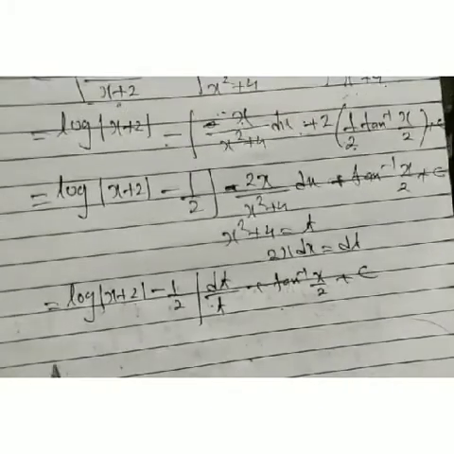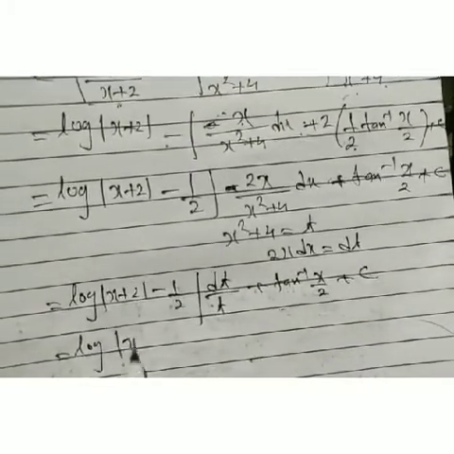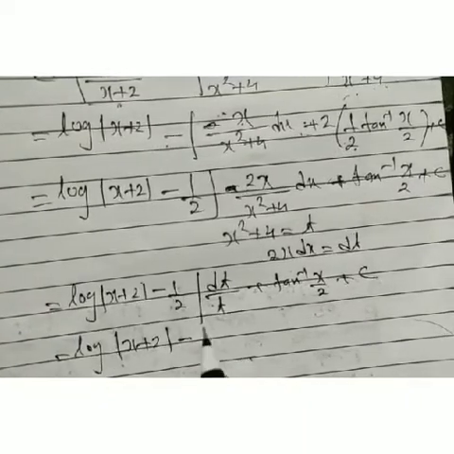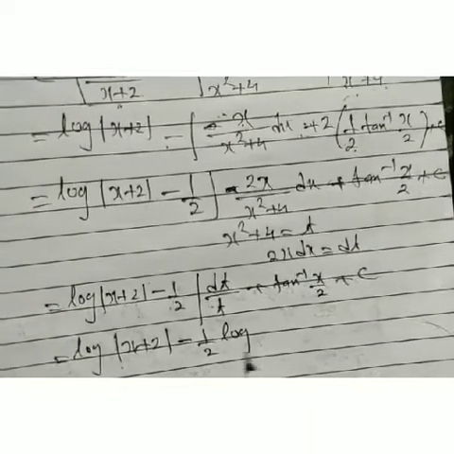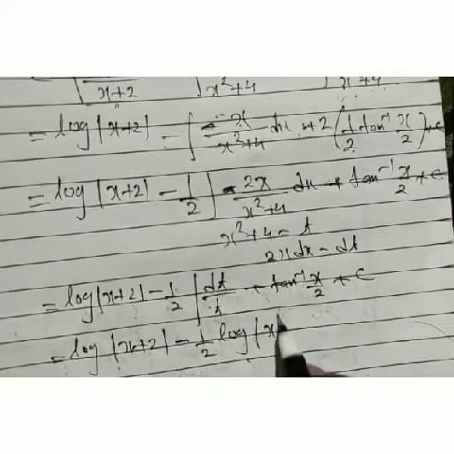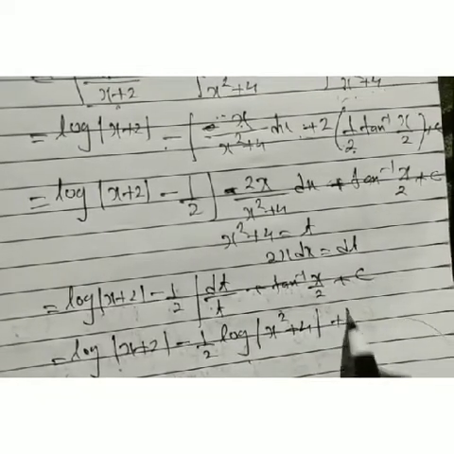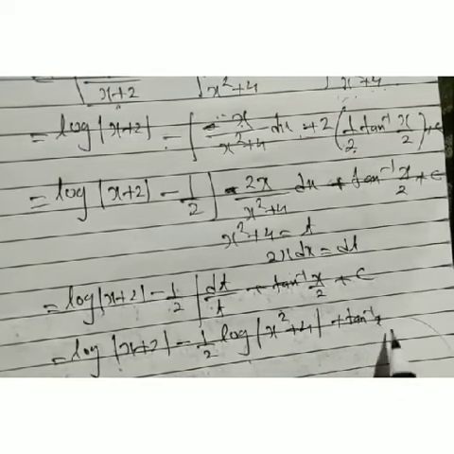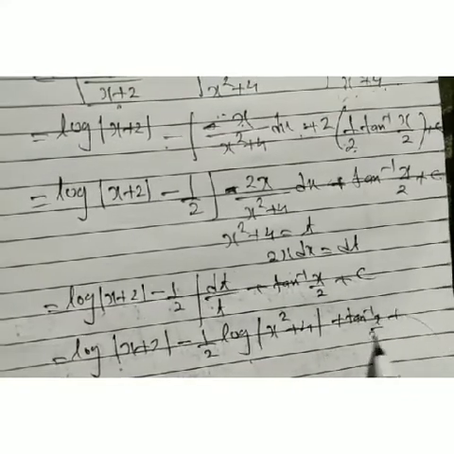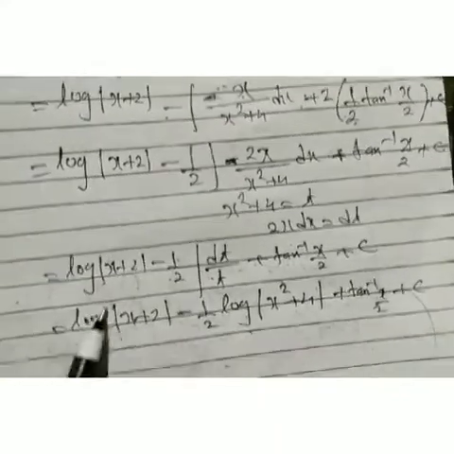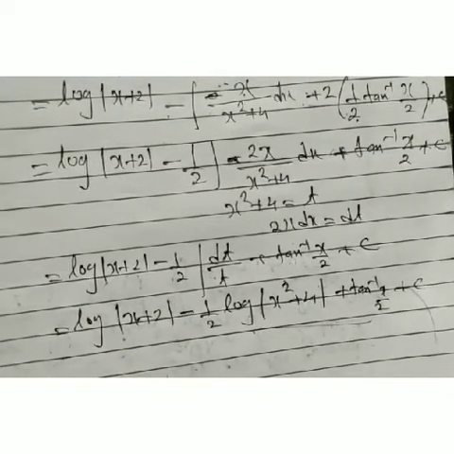Now it's log t: log absolute x by 2 minus 1 by 2 log t. What is our t? x square plus 4, plus tan inverse x by 2 plus c. This is our required solution.